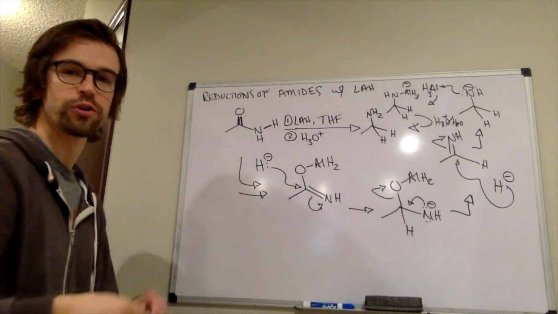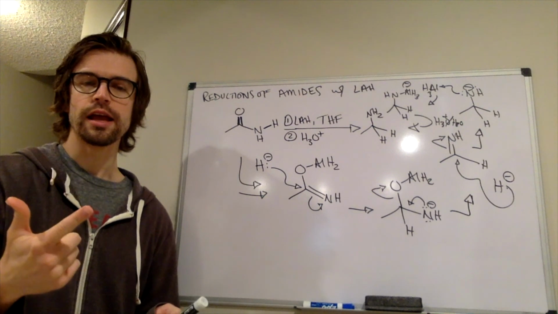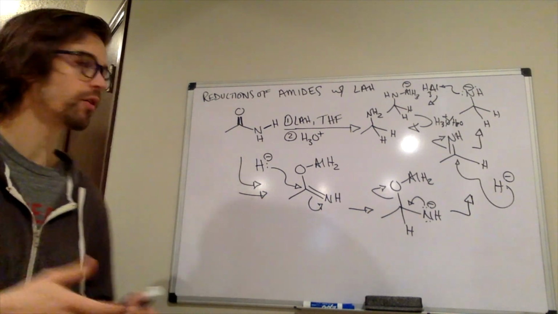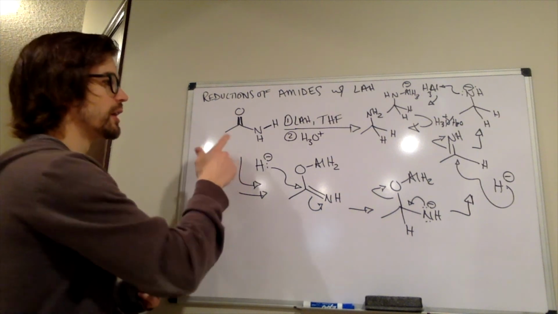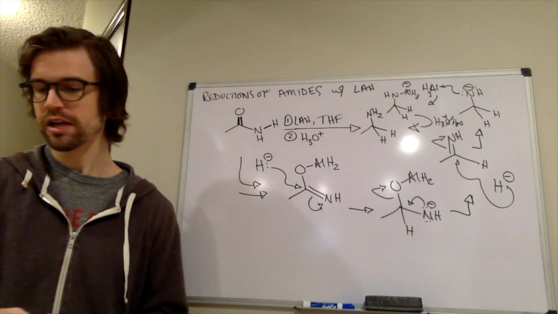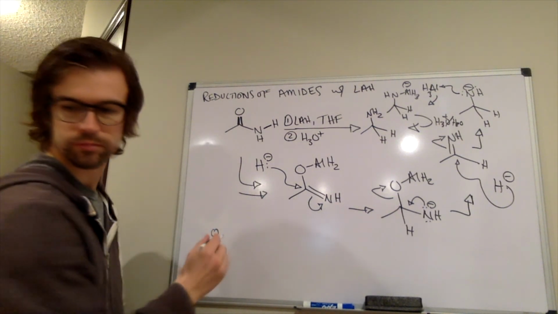So reducing a carboxylic acid or an ester with lithium aluminum hydride leads to the primary alcohol, but reducing an amide with this lithium aluminum hydride reagent generates an amine. And I have that as the bullet point at the bottom.